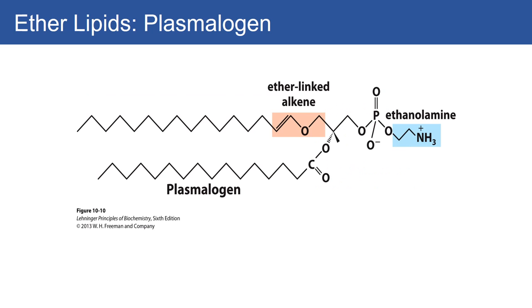Last but not least, in the major classifications of fatty acids, we have our ether lipids. Plasmalogen is one. We have plasmalogen that's linked to a fatty acid by ether linkage, and on that we have a polar head group that has ethylamine with a phosphate linkage. So plasmalogens obviously have very important charged head groups.